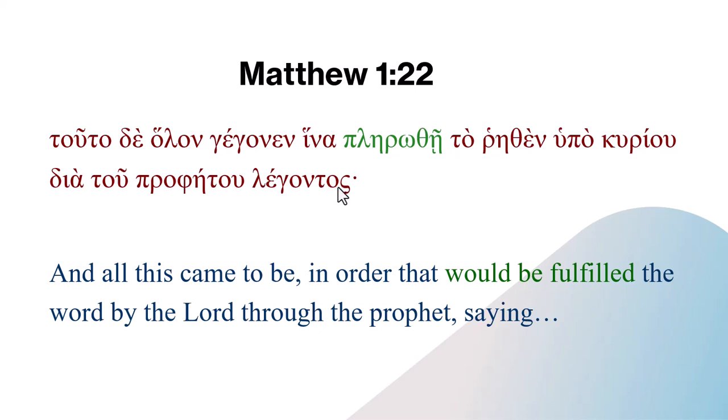The verse that's actually being quoted from Isaiah comes in the next verse of Matthew. All of this happened in order that the word would be fulfilled or might be fulfilled. So here's an example of an aorist passive that is being used in the subjunctive sense of in order that something might happen.